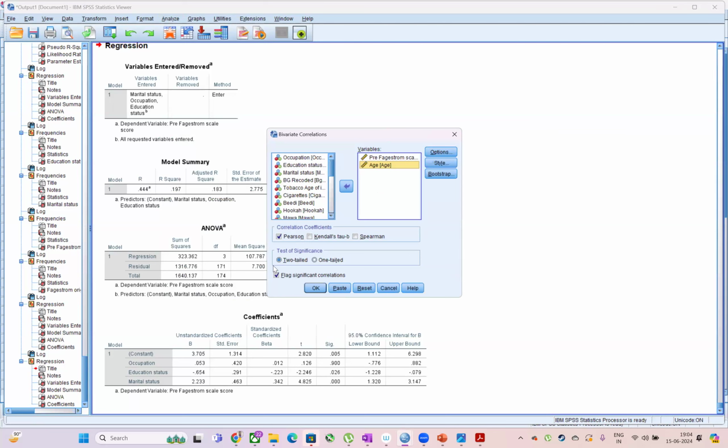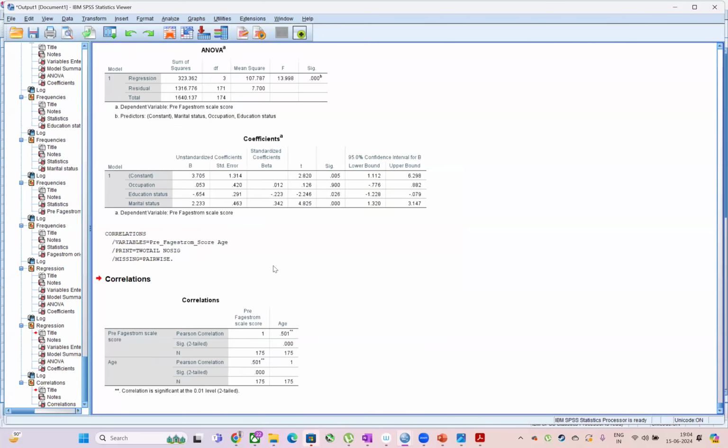So if you see over here, you have the p-value, again statistically significant, and I have the positive correlation. Positive correlation means as age increases, the score increases. As age decreases, the score decreases.